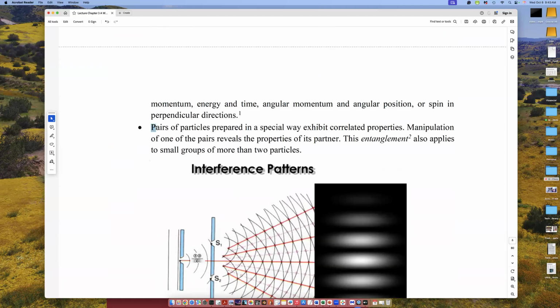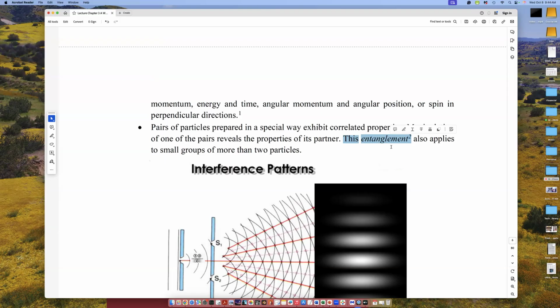Oh, and probably most important is this business of entanglement. We also were introduced in lecture 1 to the idea that distant particles can be connected by a scheme that we do not understand. There's some relationship where a manipulation of one of the pairs is correlated with the behavior of the other of the pair.